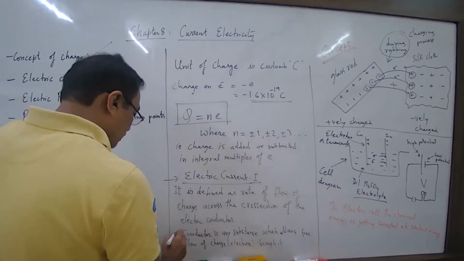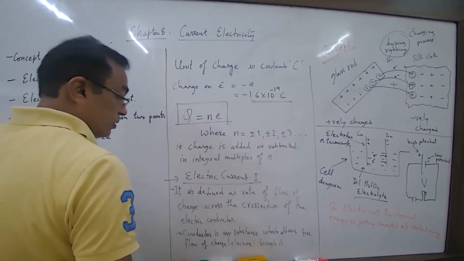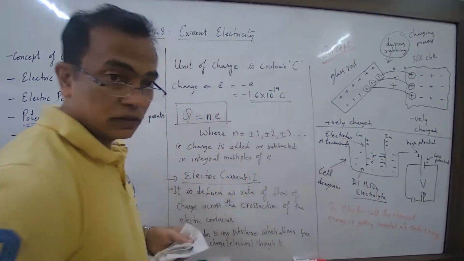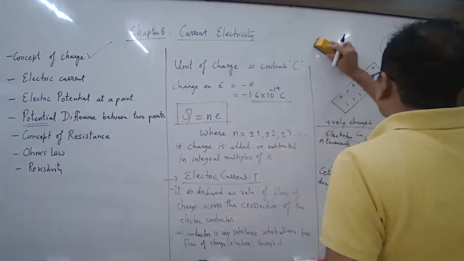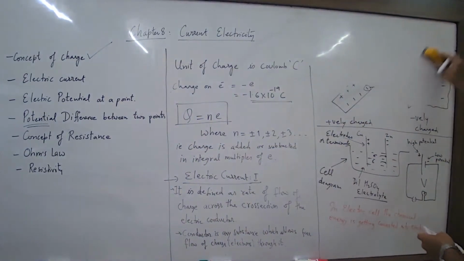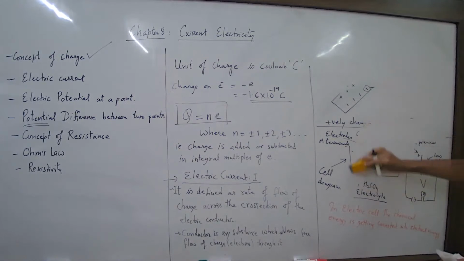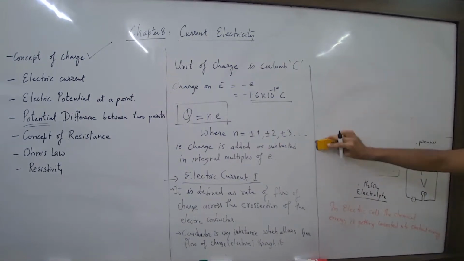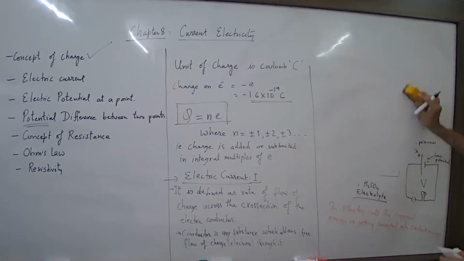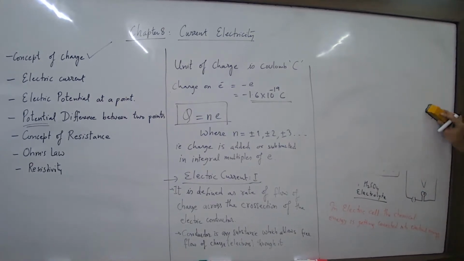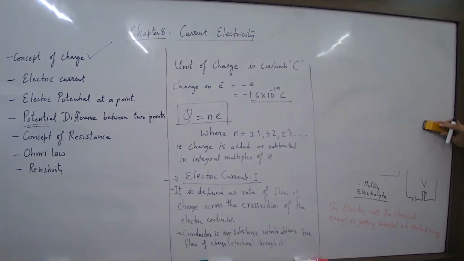Okay? So this is a conductor. So any examples of conductor? Metals. All metals, right? Most of the metals are good conductors of electricity. So substance which has a lot of free electrons will be a good conductor.